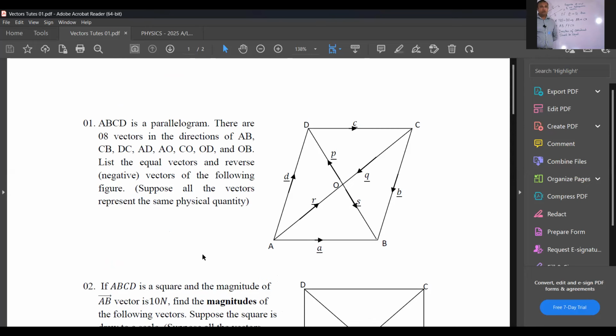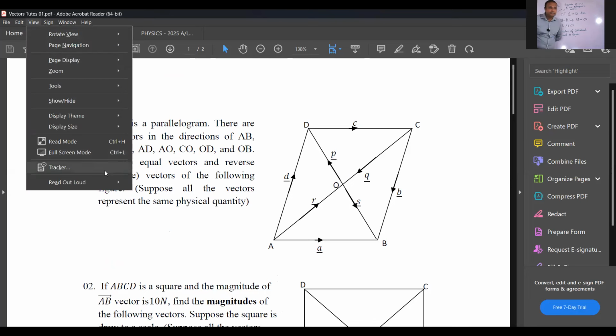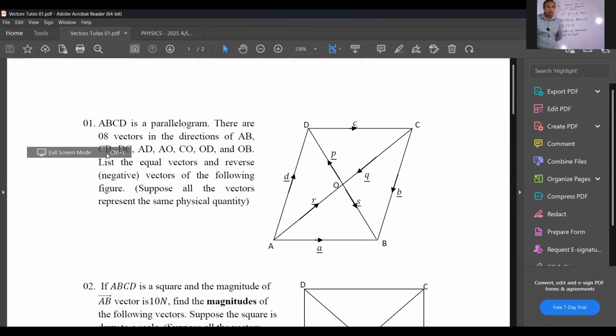You are asked to find equal vectors and negative vectors among these given vectors. Okay. I will give you 20 minutes to complete this one. Now it is about 9:30.